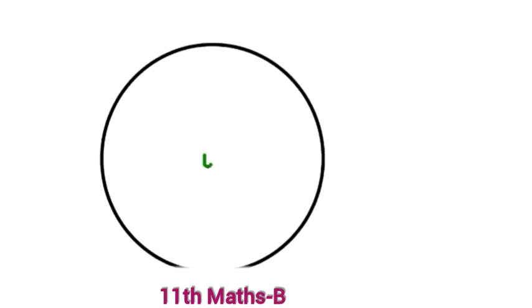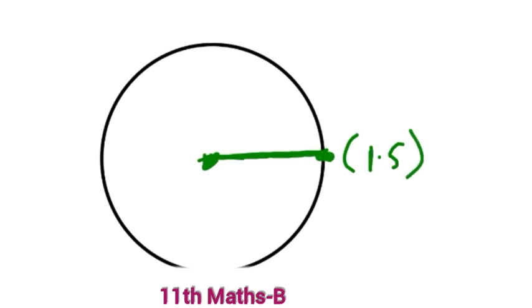Now let me take a circle. Here is a center point and it has a straight line towards here, and here also we have a point. So this is called a line segment.